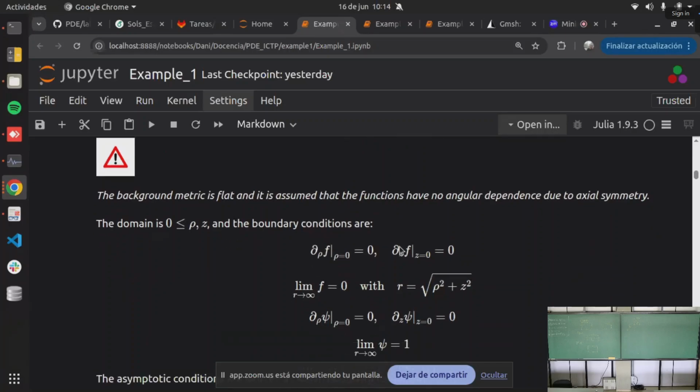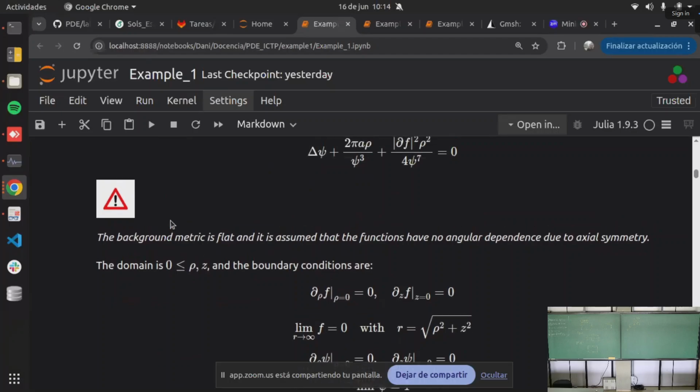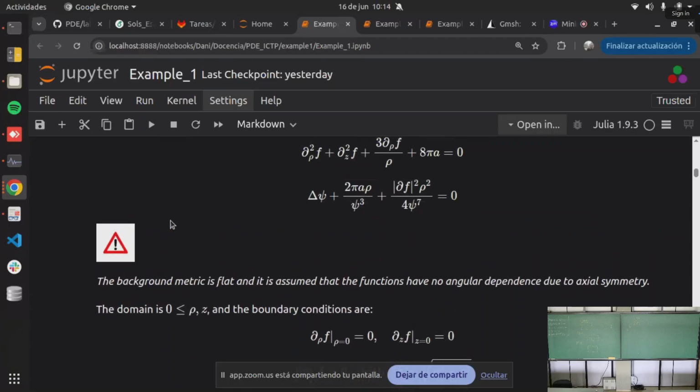The domain for this equation is this one. We have axial symmetry, so we can use cylindrical coordinates because of the symmetry. The equations are 3D, but we can solve them only for these two coordinates.